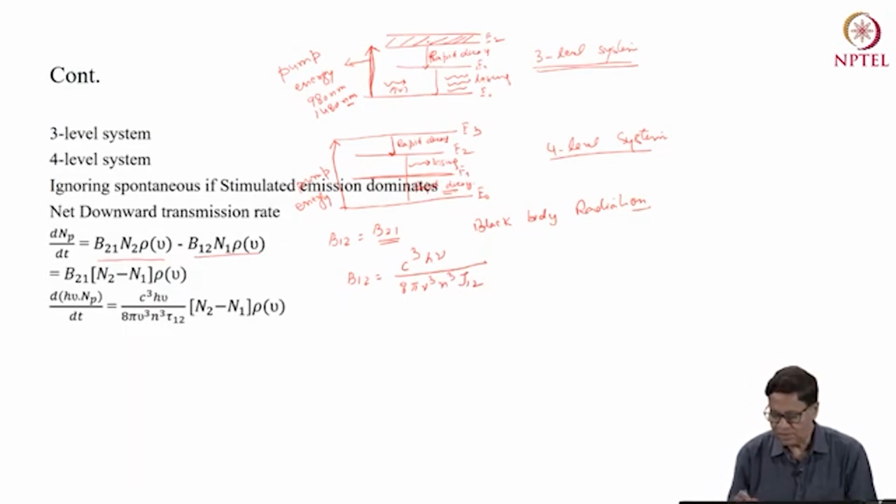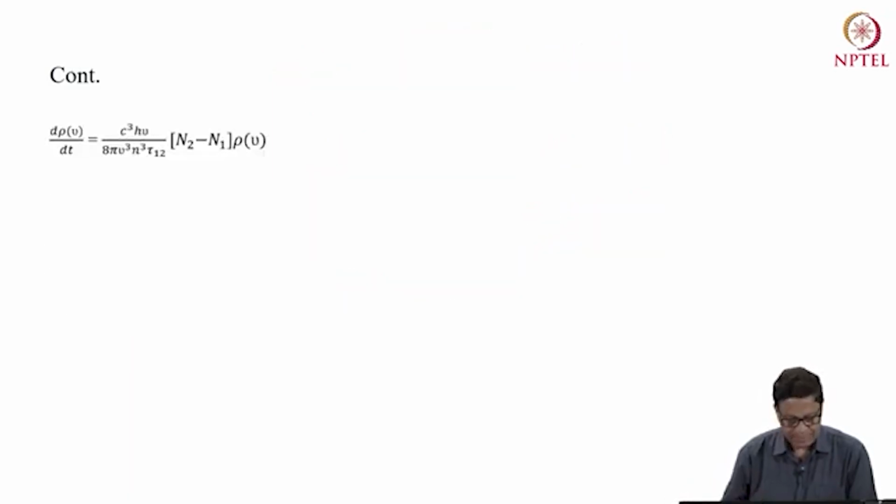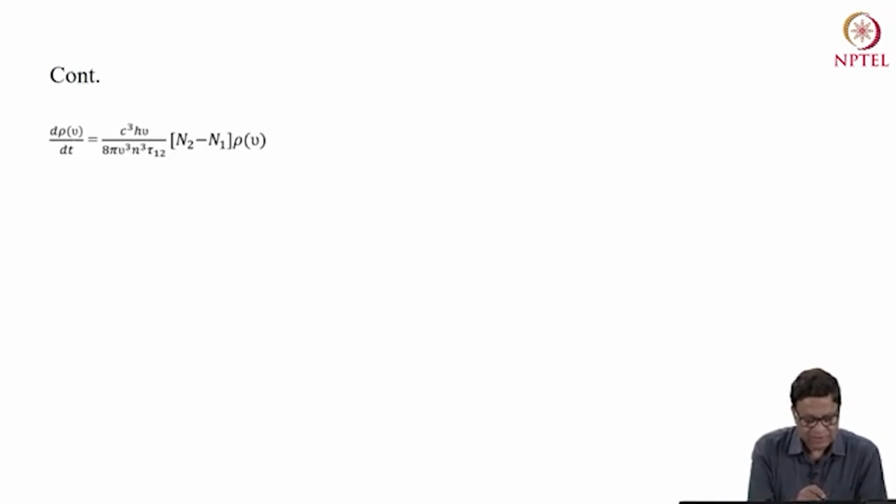where c is the velocity of light, h is Planck's constant, nu is the frequency, n is the refractive index of the material, and tau 12 is the average spontaneous lifetime of the photon. So this becomes the rate of flux density, that is d rho nu by dt, because Np times h nu is the flux density rho nu.